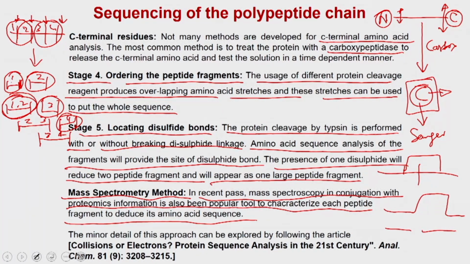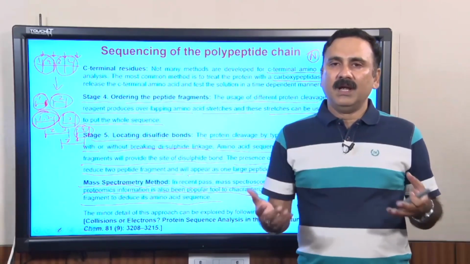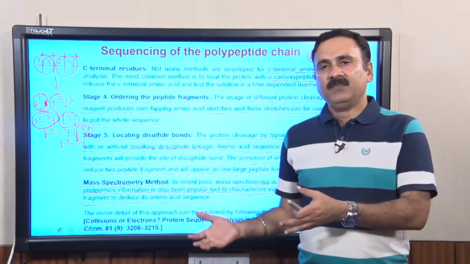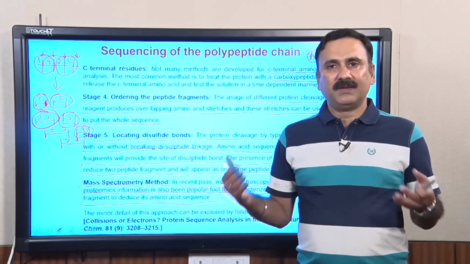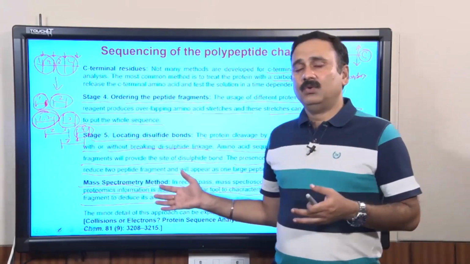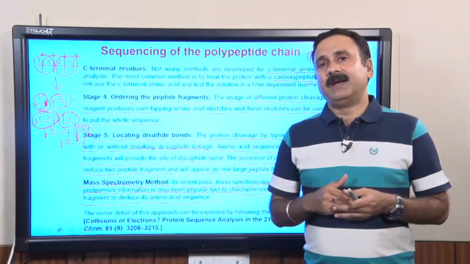There is also a lot of exciting course material about proteomics available in NPTEL as well as other online sources, which you can consult if you are interested in the potential of mass spectrometry in deducing the peptide sequence.